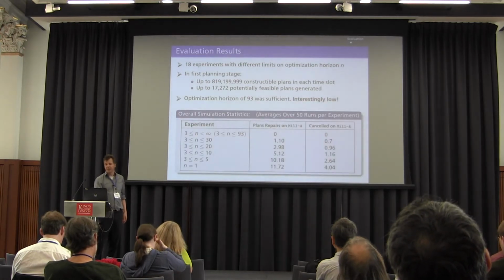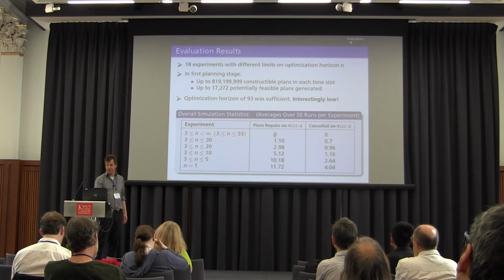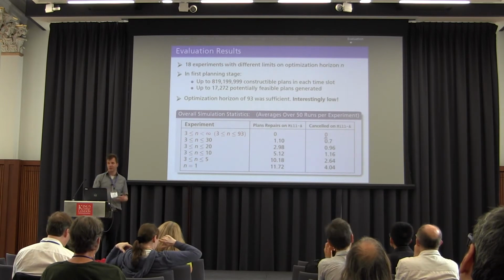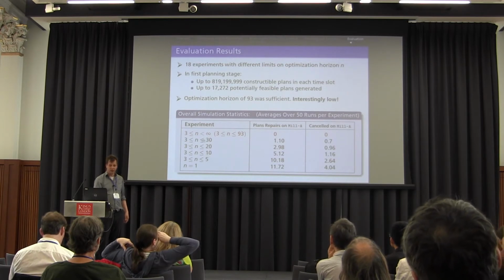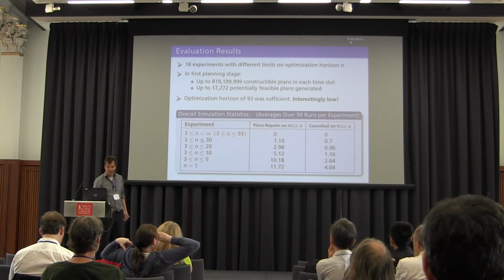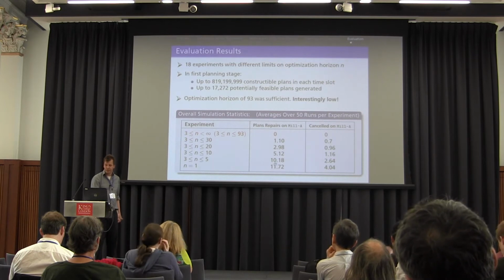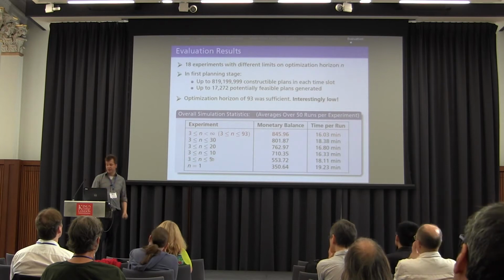And 93 is a number that actually worked, where we do not have any plan repairs and not any cancelled orders that we could not produce. So we checked with incrementally increasing n, and then you can see that there are some repairs depending on the limit of the plan.